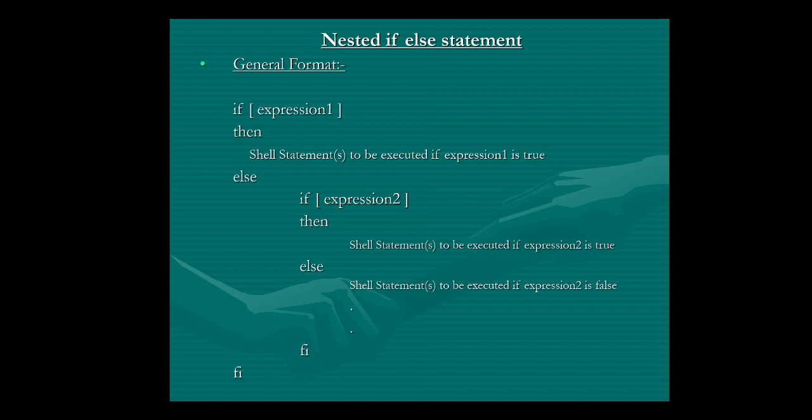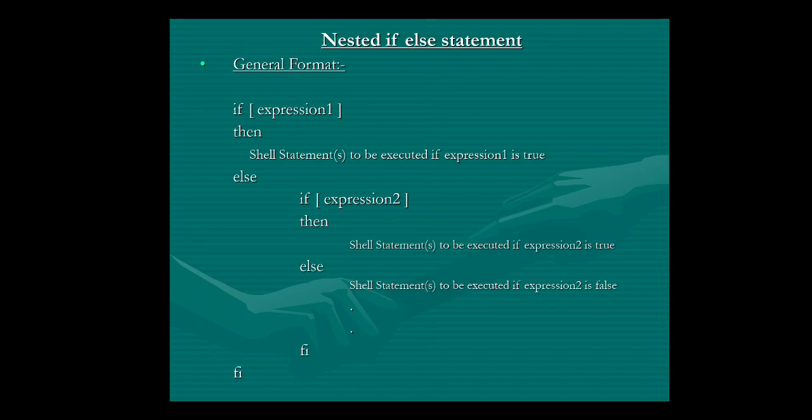Now let us start to learn about the nested if else statement in shell programming. So its general format is if [ expression 1 ], then shell statements to be executed if expression 1 is true, else.